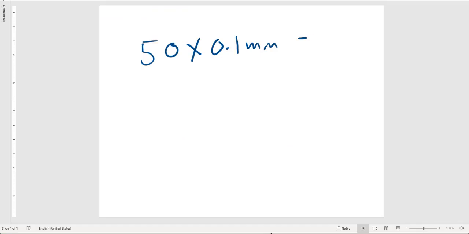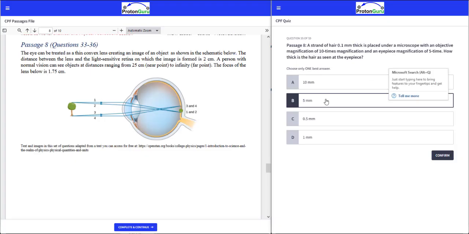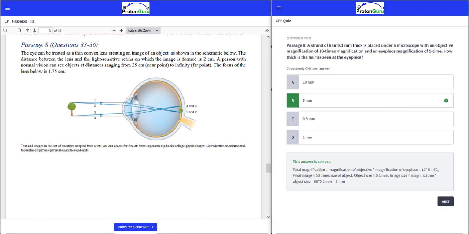So we would get 5 millimeters, right? Multiply by 10 first would get you to 1 millimeter, and then multiply by 5, and that's how I get the 5 millimeters relatively quickly using, again, some of the math tips we talk about in our physics course. 5 millimeters is answer B, and that is the correct answer for that problem.